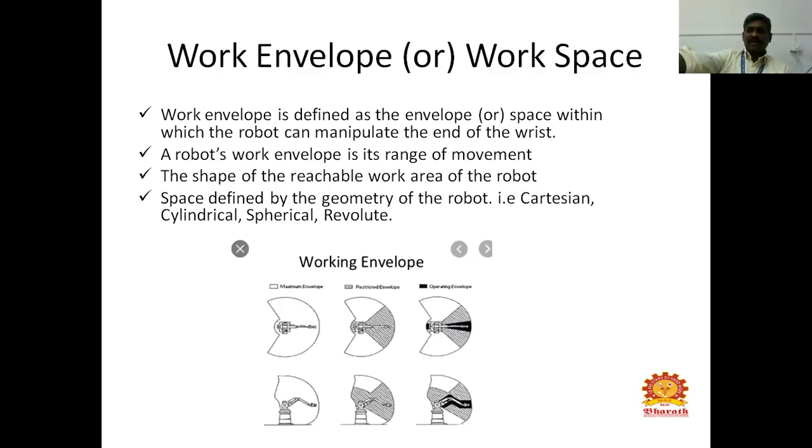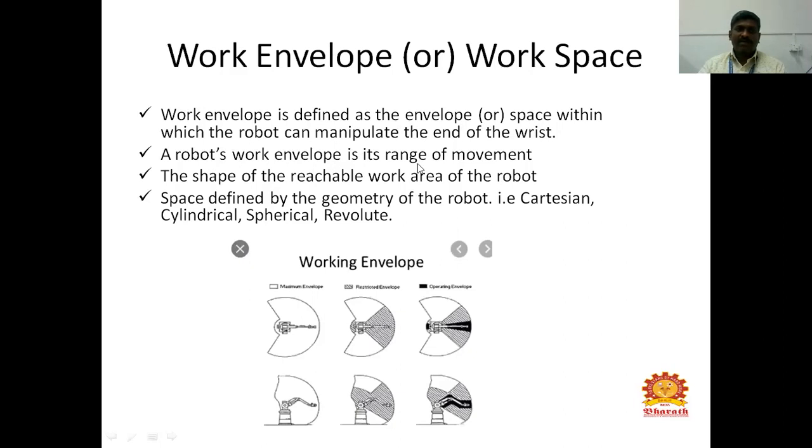This is the end of myself, and we can do work. Beyond my reach, we cannot do any task. That is the same as a robot. A robot can work within some space only. That is called the robot envelope, the space within which the robot can manipulate the end of the wrist.